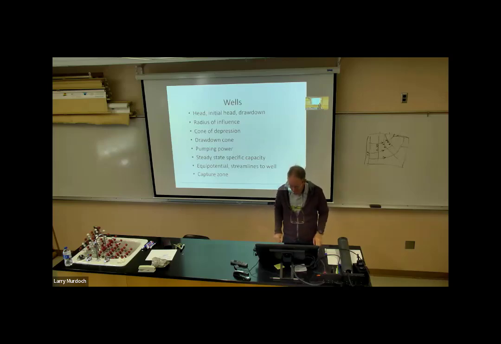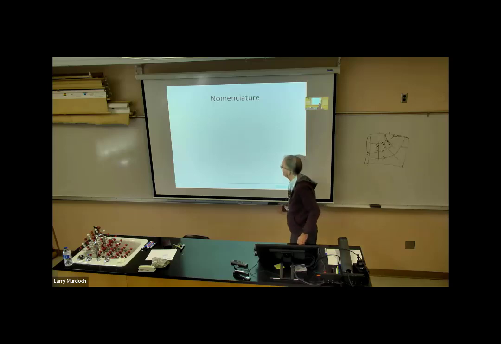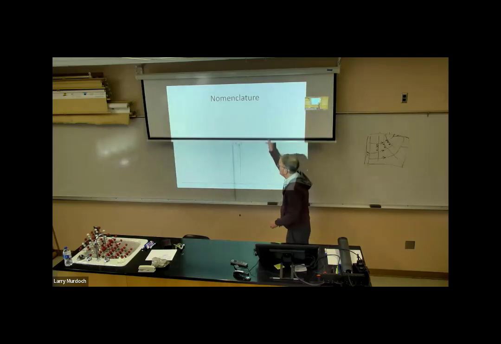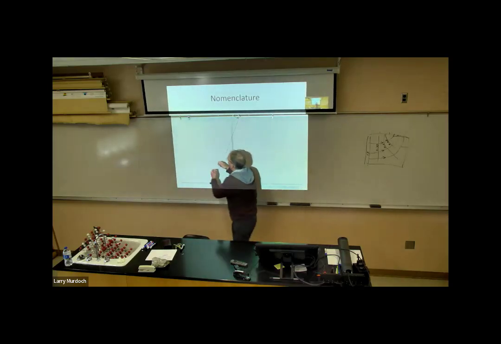We'll go and do some analysis of wells, but I think it's useful to start off with a conceptual idea of how this process works. So we'll start out with these things: radius of influence and cone of depression, all that stuff. So I'm going to start out here drawing this out.